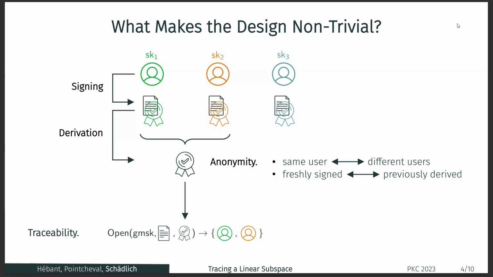At this point, it's really important that the group manager actually finds all of the contributors to a signature, because otherwise an adversary could simply mix its own malicious signature with many signatures produced by honest users, and in the end there would be a good probability that the group manager only finds honest users as contributors, but not the real malicious user or the adversary. So for a meaningful security notion, it's important that the group manager finds all the contributors to a signature.